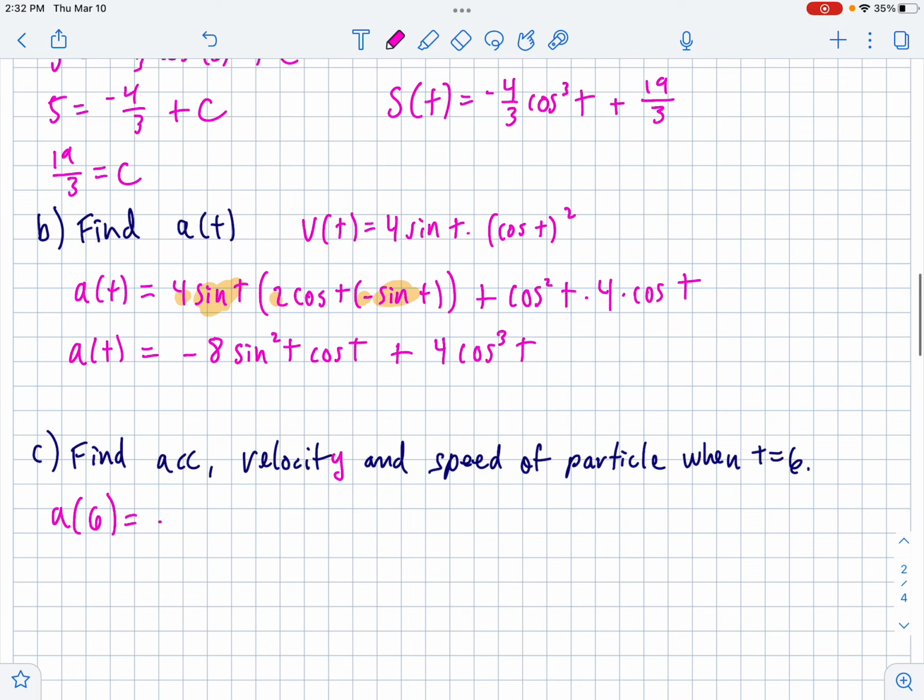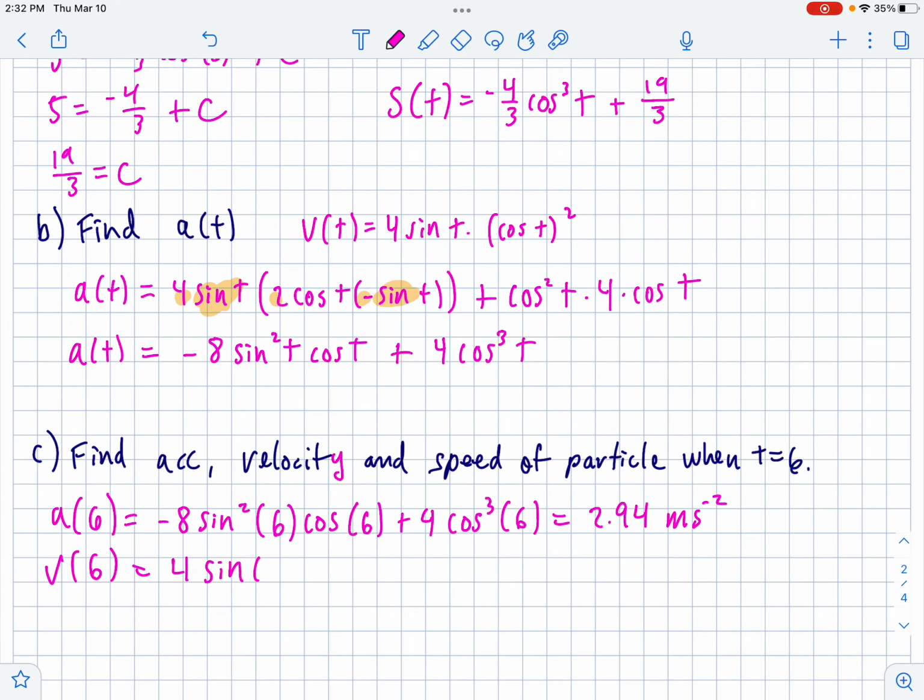So we'll have to do a of 6 is equal to negative 8 sine squared 6 cosine 6 plus 4 cosine cubed 6. And this whole thing should equal 2.94 meters per second squared.